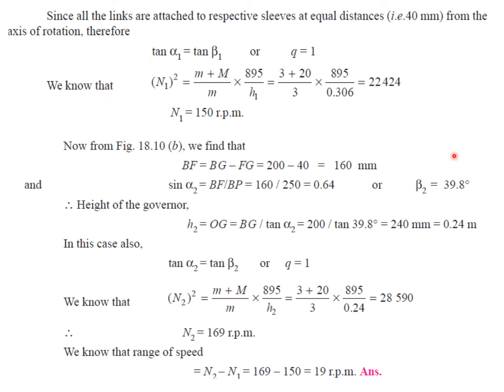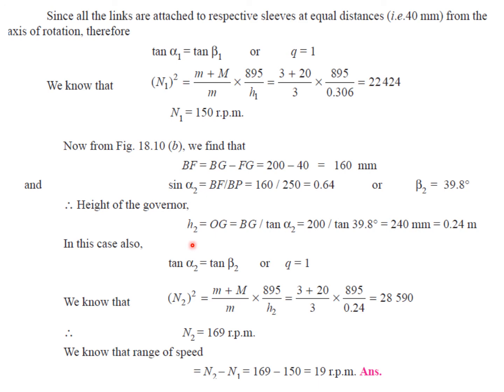The same procedure I do for the maximum position to find the value of N2. For that I need the value of beta 2. BF is equal to BG minus FG, which gives 160 mm. Then sin alpha 2 is equal to BF by BP, 160 by 250, which is 0.64. So alpha 2 is 39.8 degrees.